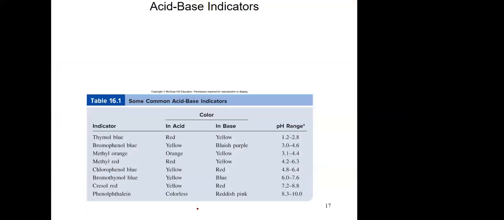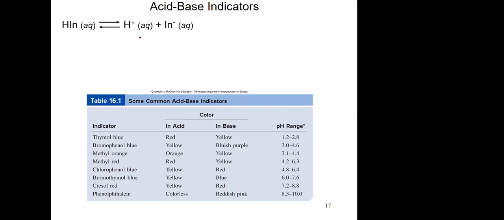The next thing that we're going to talk about is the acid-base indicators. Why are these indicators useful? Why do you think they have the ability to change color at different pH? It has something to do with the form that they have.